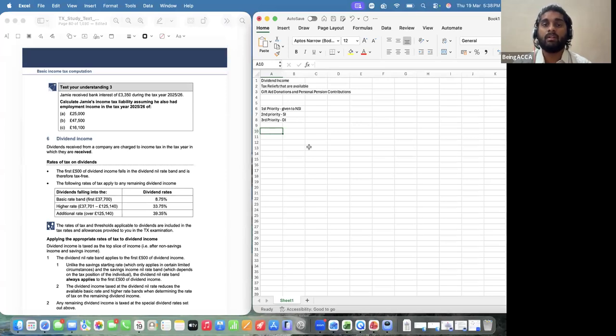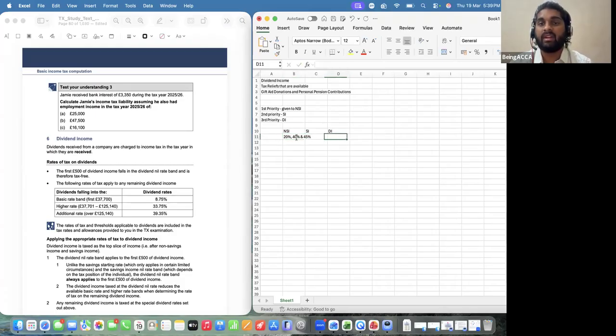Always remember, it will always be the same format that you have studied earlier: NSI, savings income, and then dividend income. But the only difference that comes up is the tax rates. For non-savings income, the tax rates are 20%, 40%, and 45%.